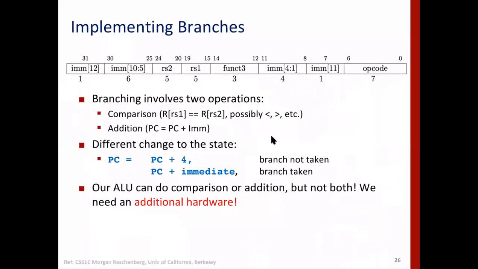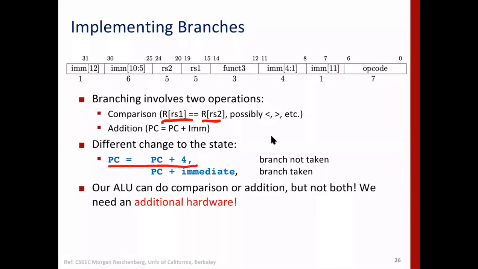All right, so now let's look at the instruction. What we do here is compare two registers, RS1 and RS2, and if they are equal, and the instruction is branch on equal to, then we jump to a certain location. Otherwise, if the condition is not met, we increase the PC by 4.